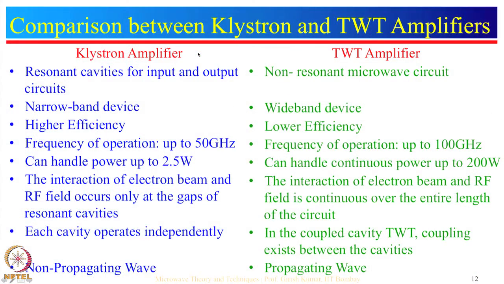Since we have discussed travelling wave tube amplifiers and multi-cavity Klystron amplifiers, let us compare these two. In Klystron amplifiers, there are multiple cavities. One is the input cavity, which is also called the buncher cavity.